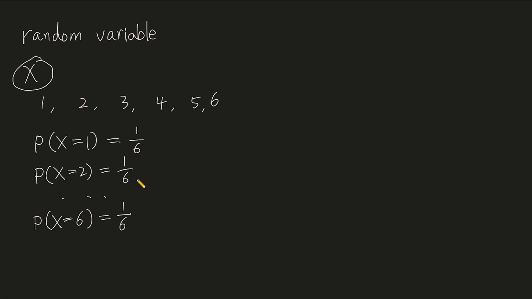Now, to be more clear, the random variable has two types. There are two types of random variables. One is the discrete random variable.